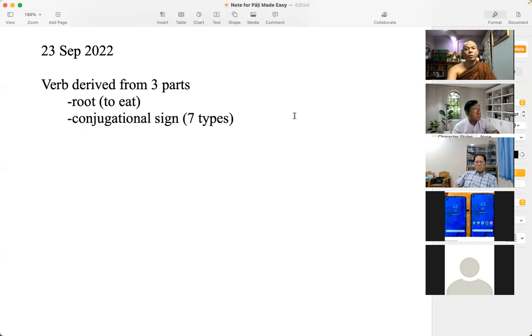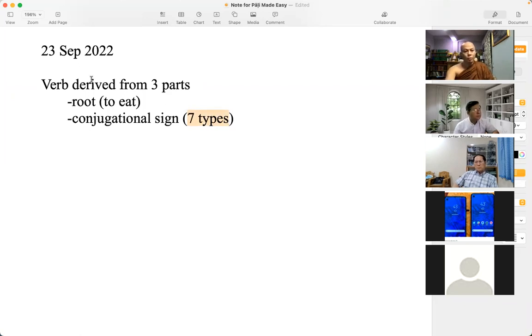So the conjugation sign is used for that purpose. It may have some other sense, maybe an active sense, which we will see later when we learn it. For now, please try to remember the 7 types. What they are, we will learn later.